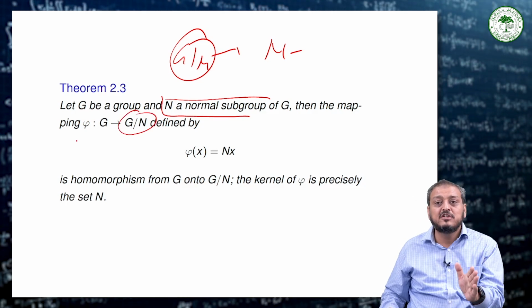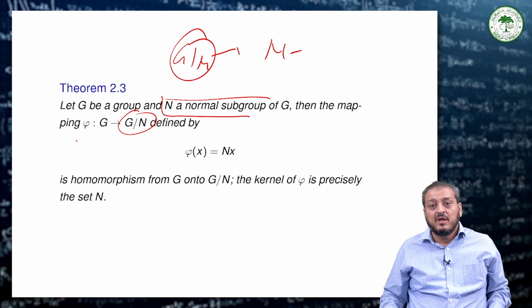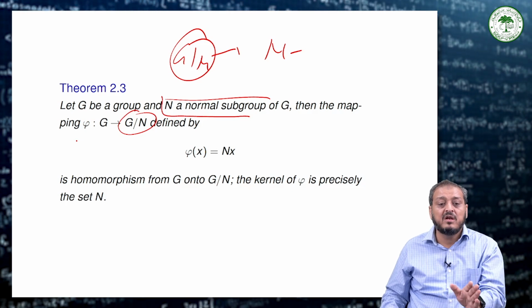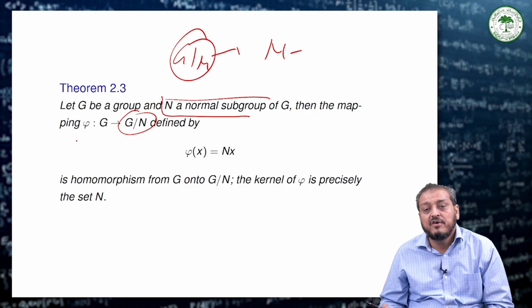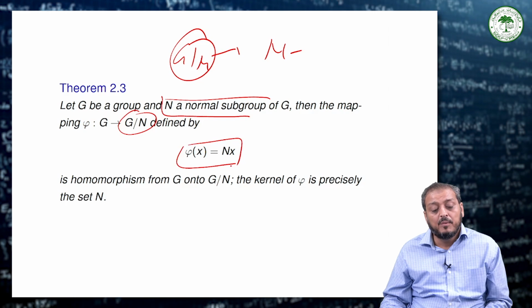So, we take G a group and N a normal subgroup, then G/N is a group. There is a map we have defined, φ from G to G/N, defined by φ(x) = Nx, and it is a homomorphism.